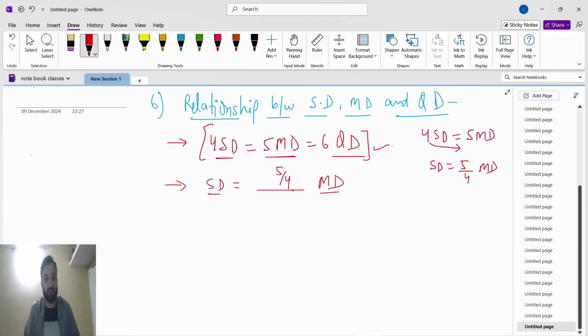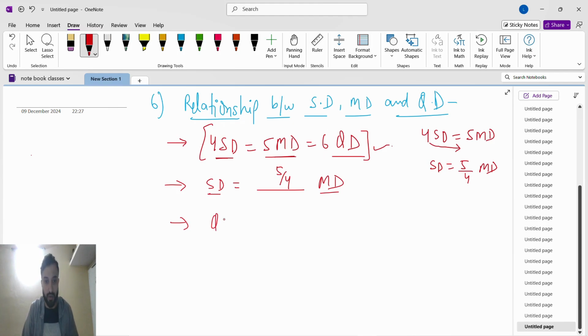Like this we have to understand the relation. Every relation we are making from this only: 4 standard deviation is equal to 5 mean deviation is equals to 6 quartile deviation. From here only we are making every relationship. Now the very important thing is just we have to see what the two variables, or what the two terms, are given.